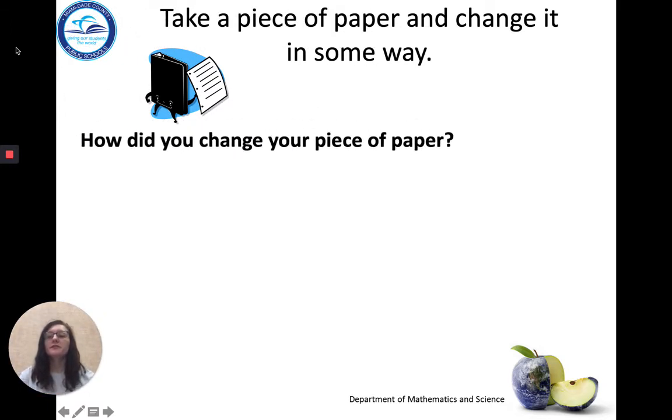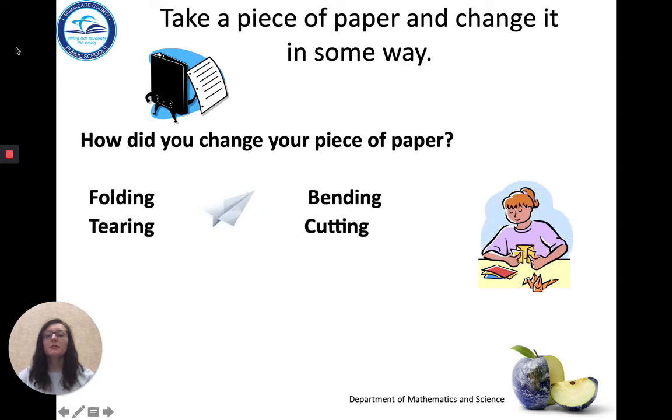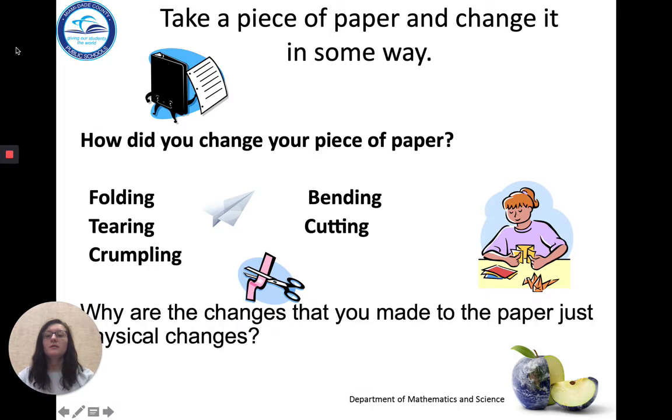All right, so first off, how did you change your piece of paper? Here are some examples of what you maybe tried doing. Maybe you took your sheet of paper and all you did was fold it. Maybe you folded it this way, maybe you folded it this way.